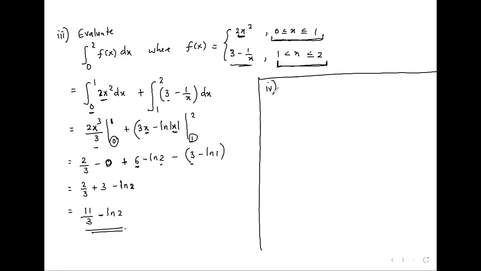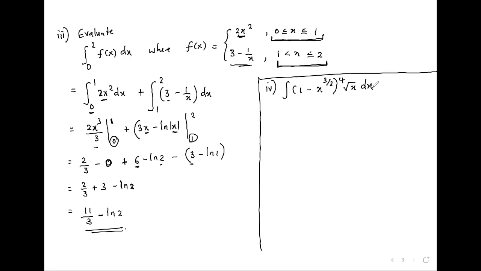Okay. Maybe we can do one more. So we ask the integral of 1 minus x to the power 3 over 2, to the power 4, multiplied by root x dx. What's the integral of this guy? What do you use then?